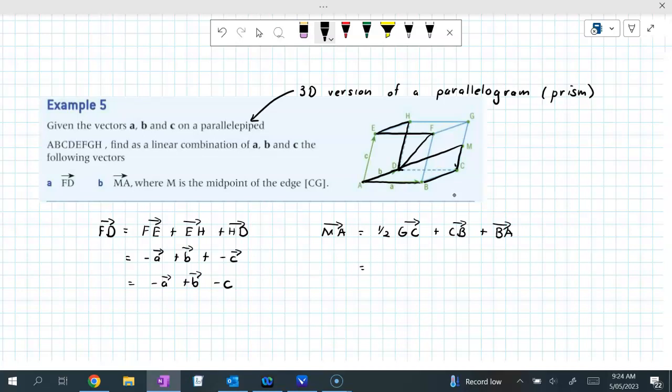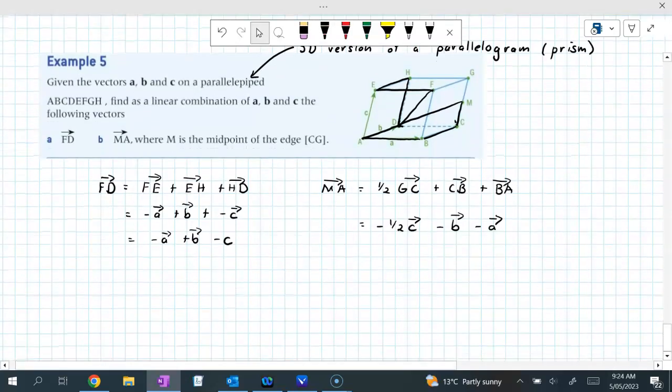So a half of GC, well, GC is going down, but it's the same length as C. So it's negative a half of C, because C is going up, but GC is going down. CB, well, CB is going in the opposite direction to B, but it's the same length. And BA is the opposite direction to A, but the same length as A. And so it's negative a half C, take B, take A. Okay.